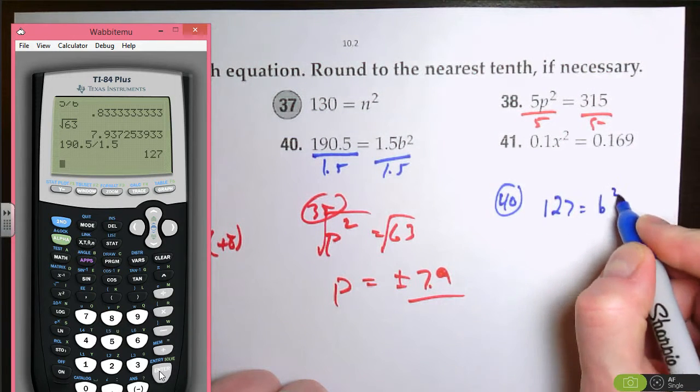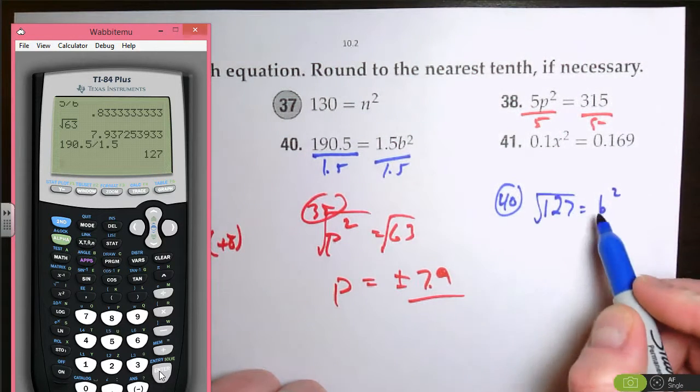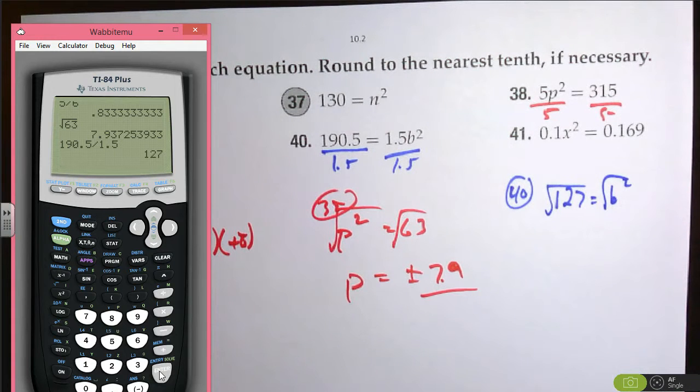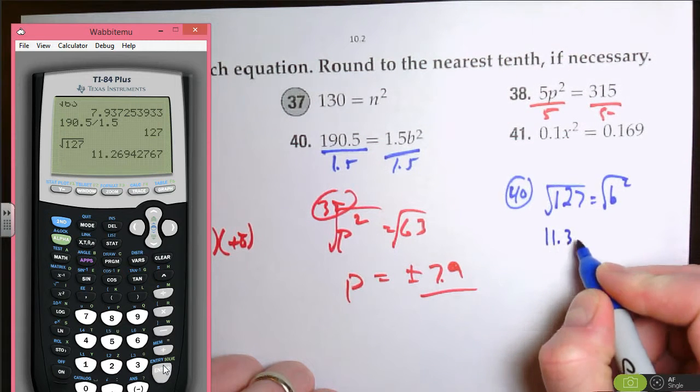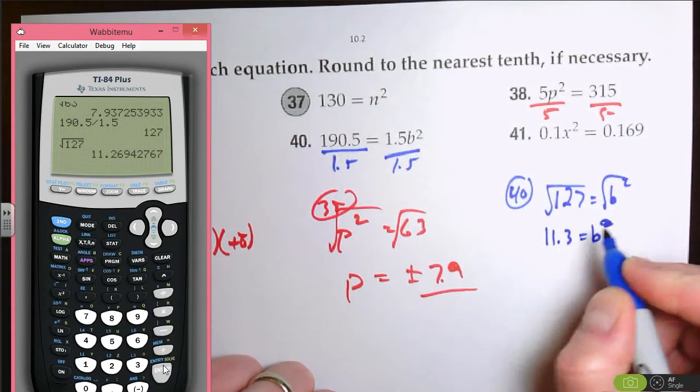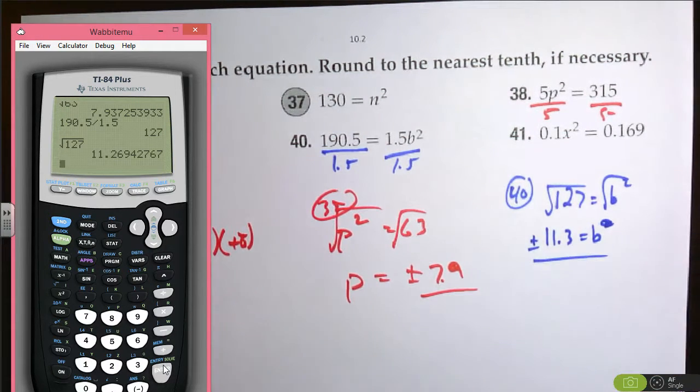And then take the square root of both sides. 127 does not have a square root, so we'd have to use the calculator to approximate it again. And that is 11.3 to the nearest tenth. And again, don't forget the plus or minus. Okay, so there are problems for section 10.2.